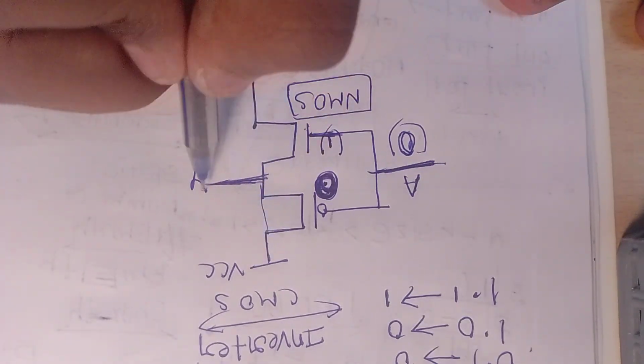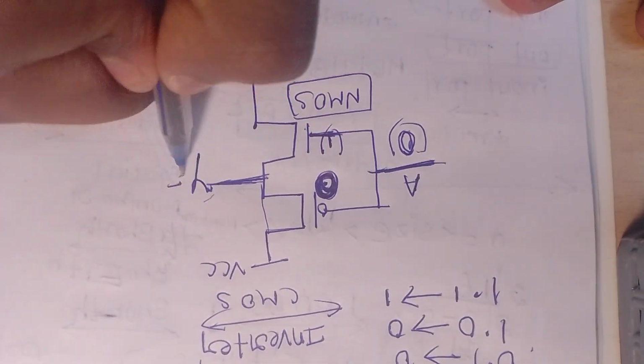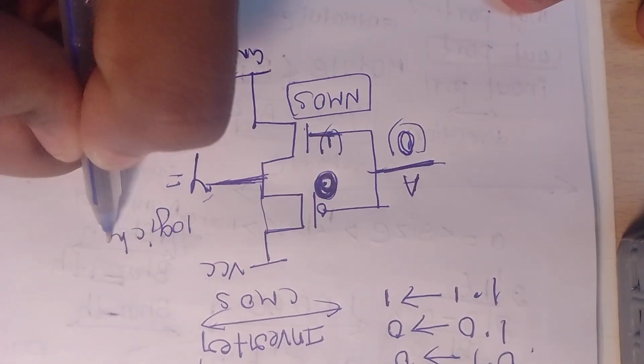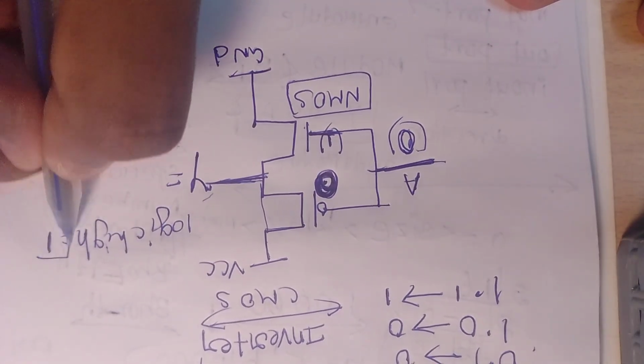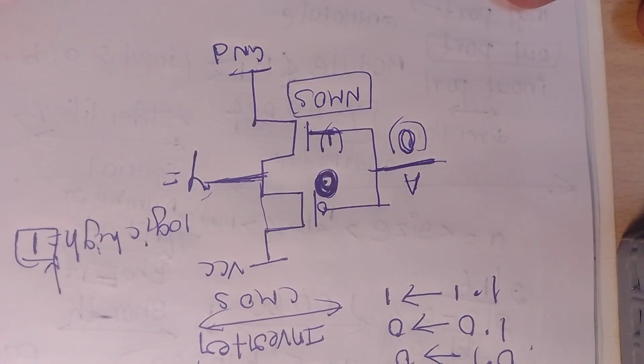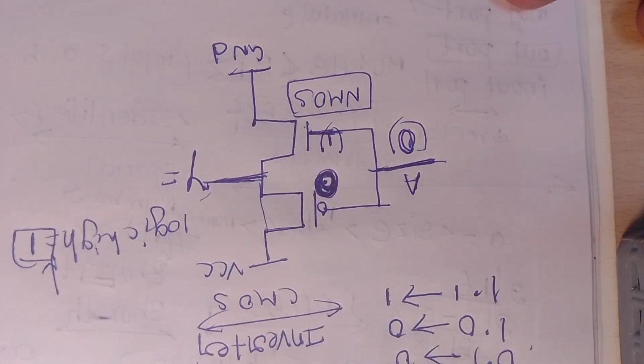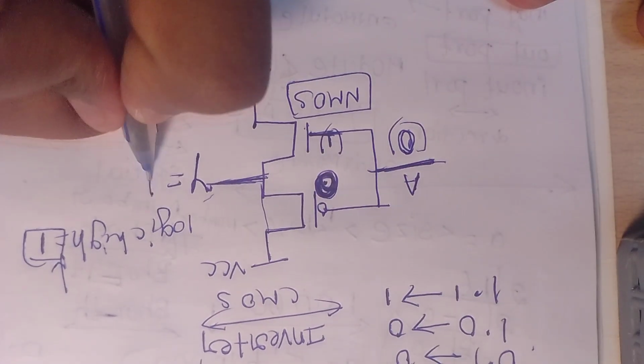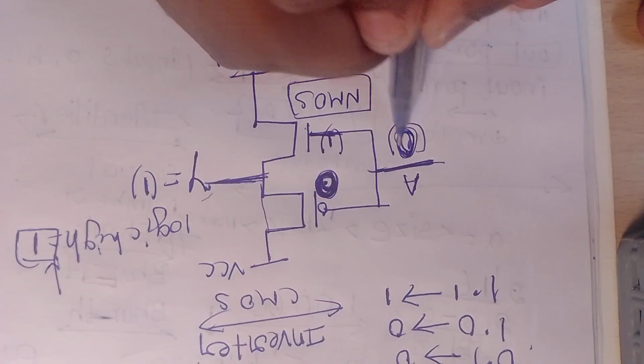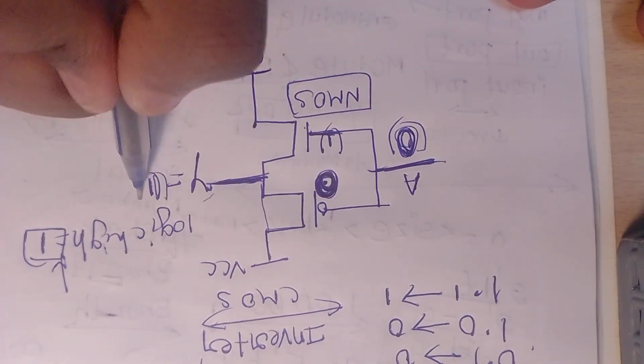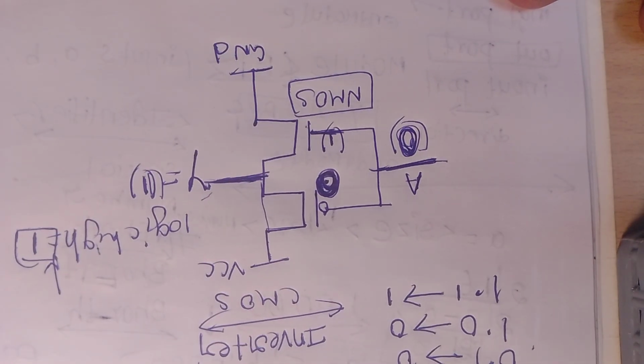So what we have is 5 volts, nothing but logic high. Logic high means 5 volts, so it will give 1 as an output. So you are providing 0 but you are getting 1, so it is the inversion of that input.